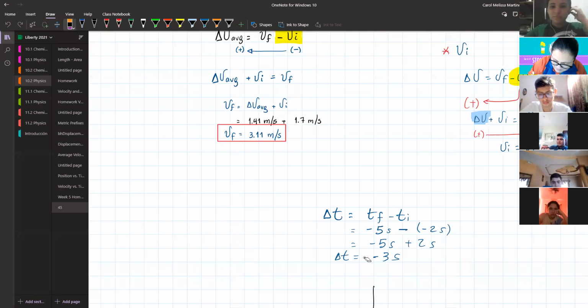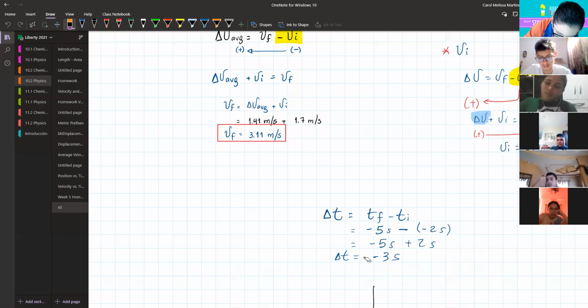Imagine that this is the time, okay? And the final time was here in -5. And then you subtracted the initial time that was 2 seconds, in negative.